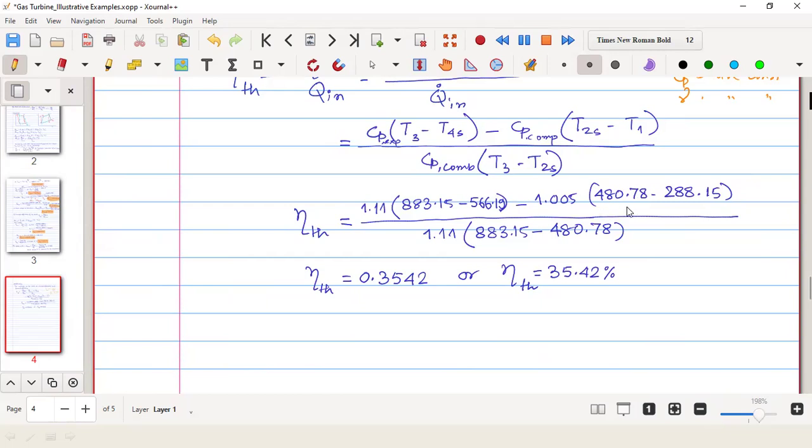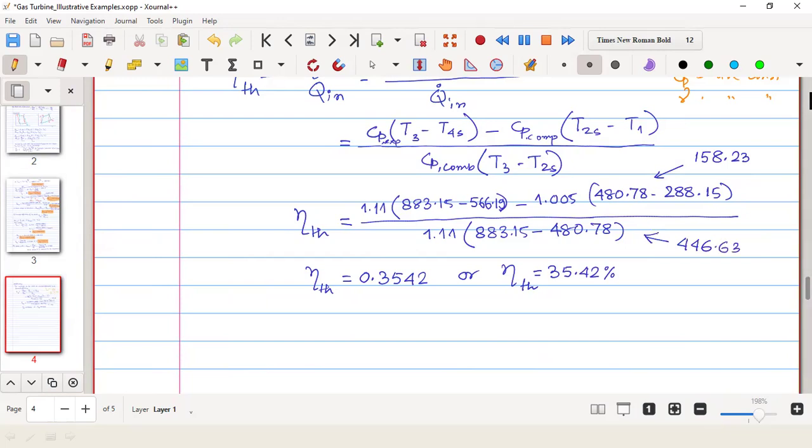You see that the numerator, that is net work per unit mass, is about 158.23, and the net heat in per unit mass is about 446.63.